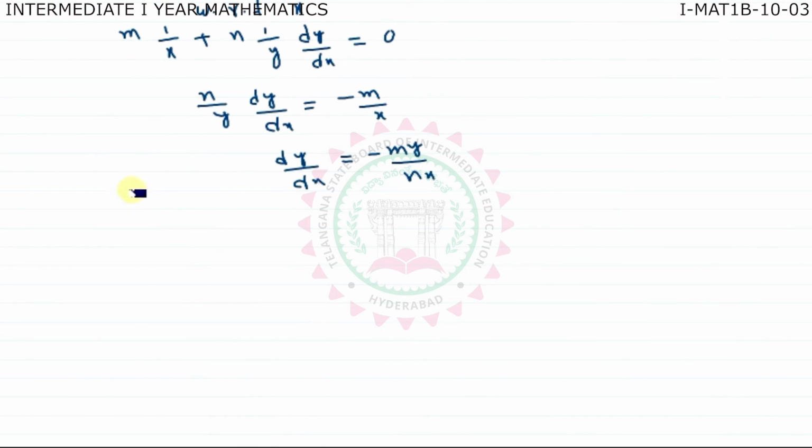Now find out the slope here. You know m is equal to dy by dx at x1, y1. On substitution, you will get the slope as minus m y1 divided by n x1.